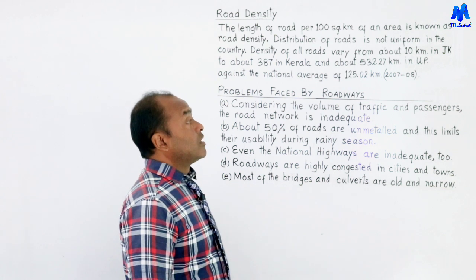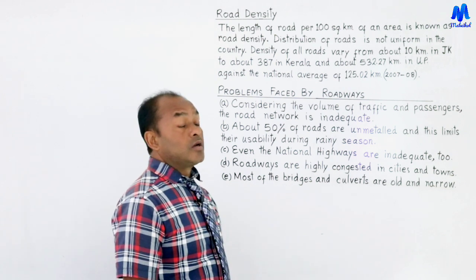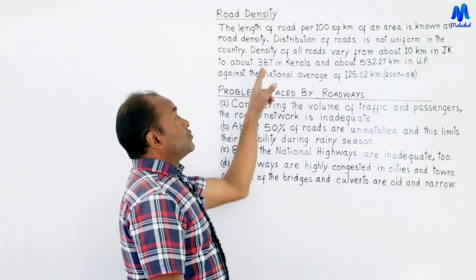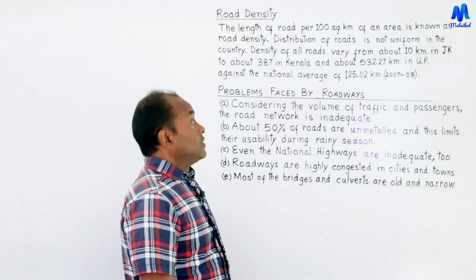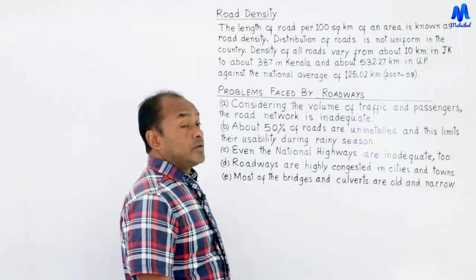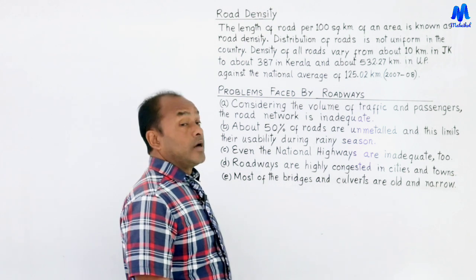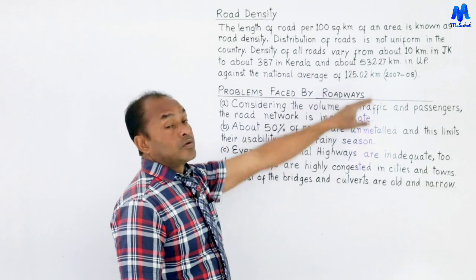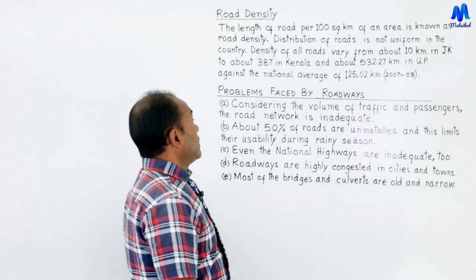It's about 10 kilometers in Jammu and Kashmir, about 387 kilometers in Kerala, and about 532.27 kilometers in UP, and the national average is 125.02 kilometers.